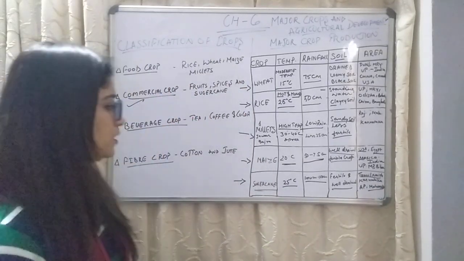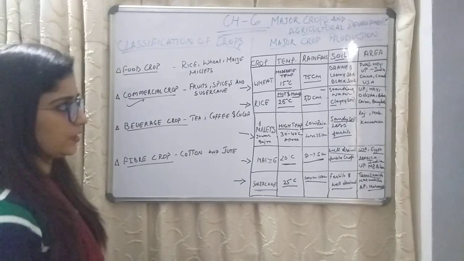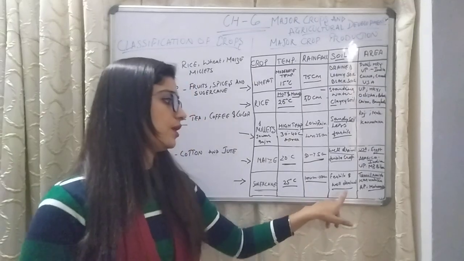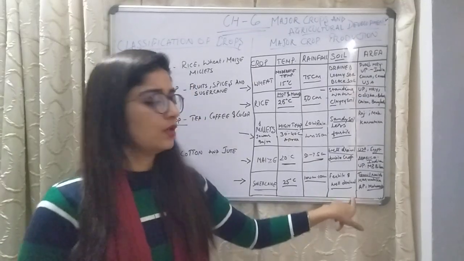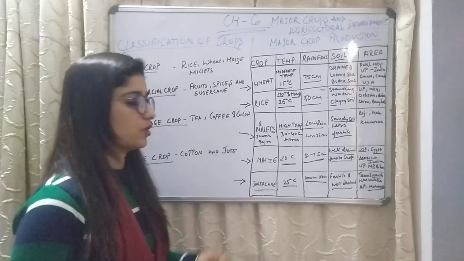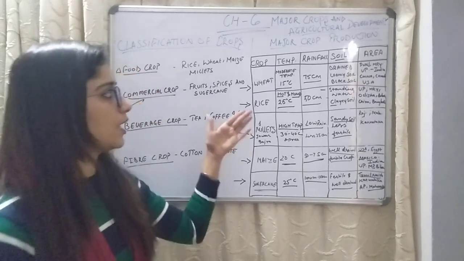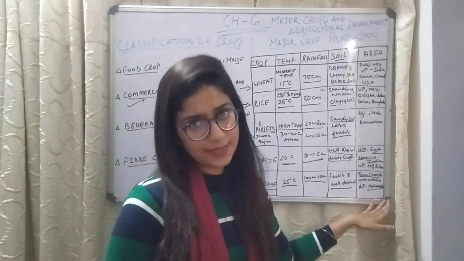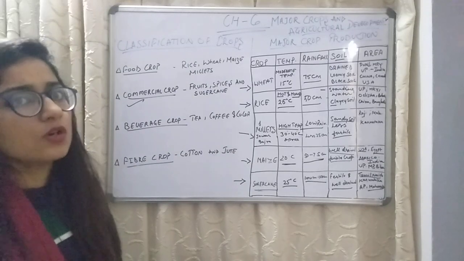These are the areas where we get 25 degree temperature, 100 to 150 centimeters of rain, and fertile and well drained soils are available for sugarcane. So these are the crops, with their temperature, rainfall, soil and area.